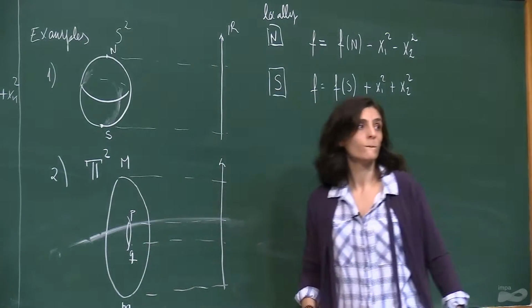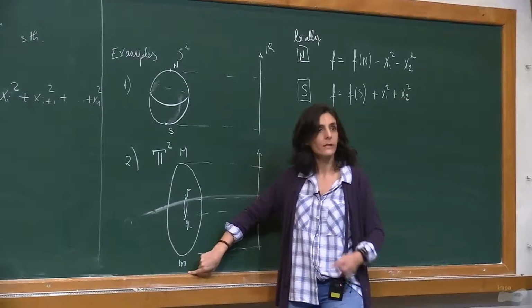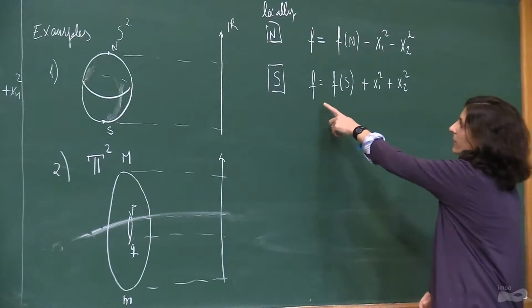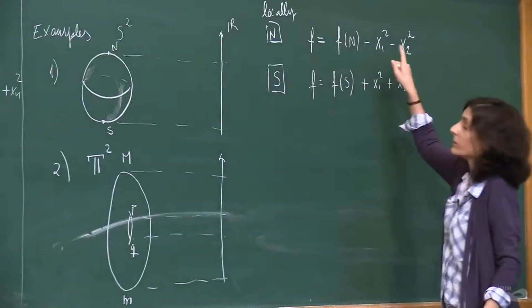The maximum, we call it capital M. And we'll have 2 critical points here, P and Q. Okay, so close to the minimum, basically this function locally is given by the same expression as f close to the minimum, and at the maximum it is the same expression as here.